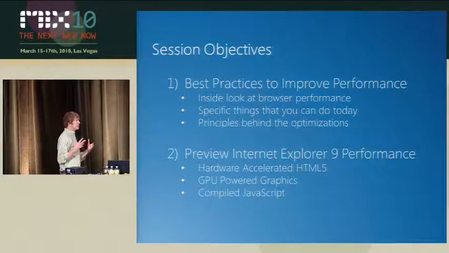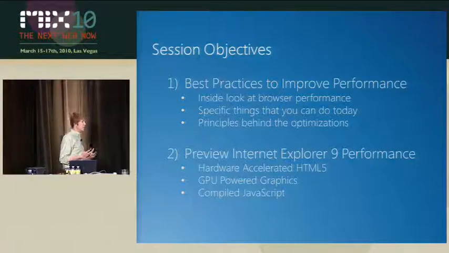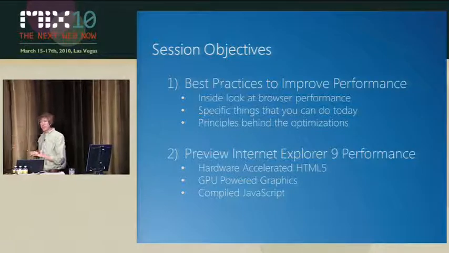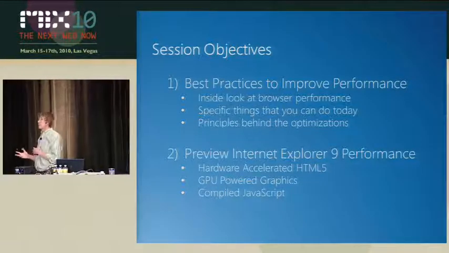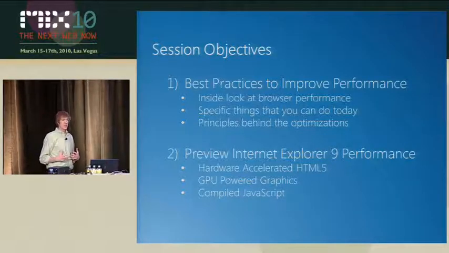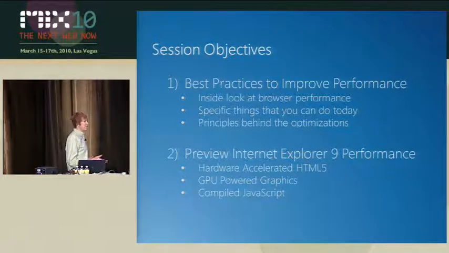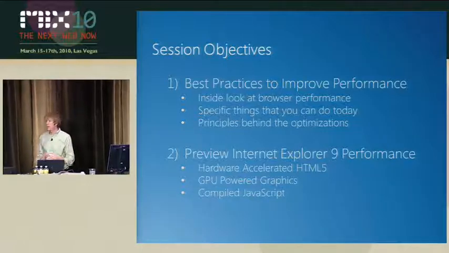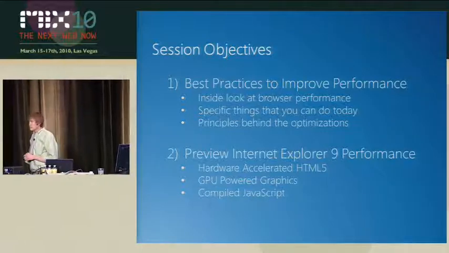From that, we're going to look at 20 best practices that you can use today, 20 very specific things that you can go back and apply to your sites today that are going to improve performance of your websites across all browsers. Now, of course, I work on the Internet Explorer team, and I have a deep understanding of Internet Explorer. But the practices that we'll be looking at today apply to all browsers.